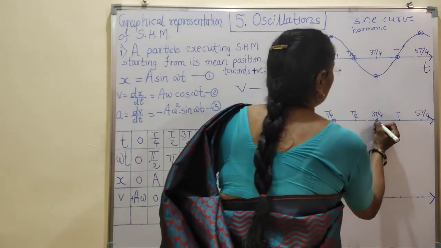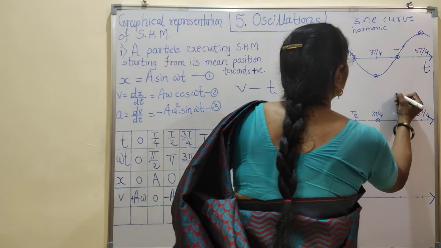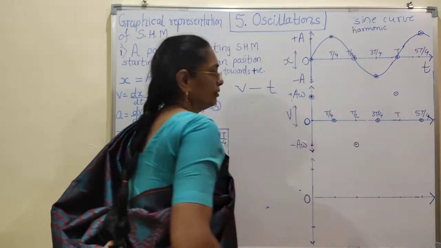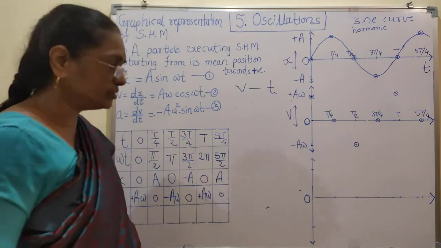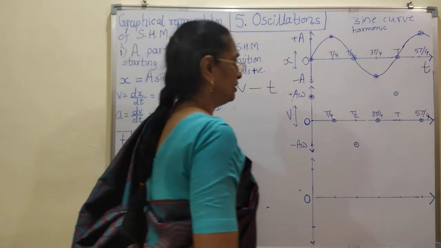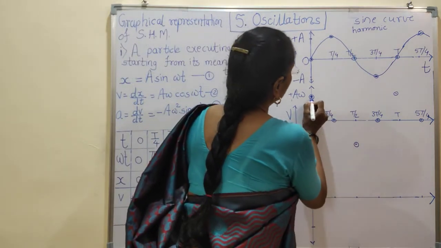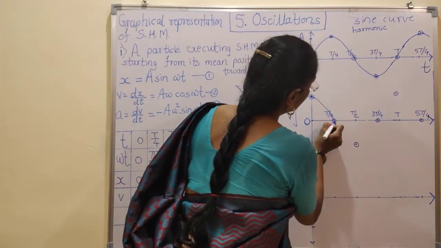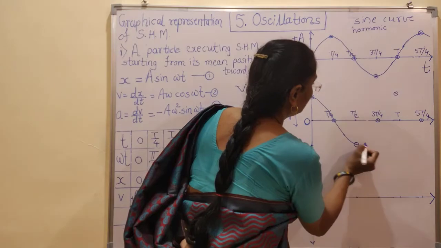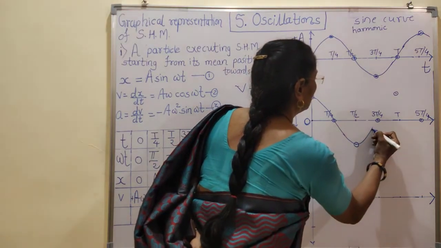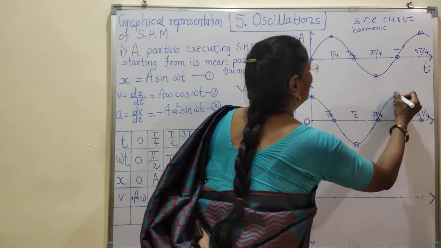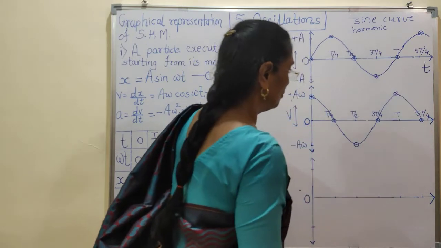Then it is 0 in cyclic way. Now you can easily plot the points of v and t values and join the curve. It is again harmonic, or it is a cosine curve.